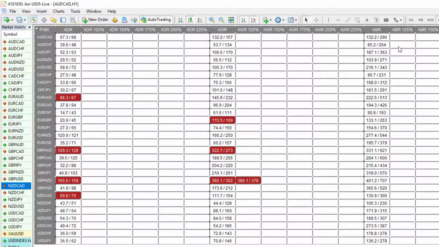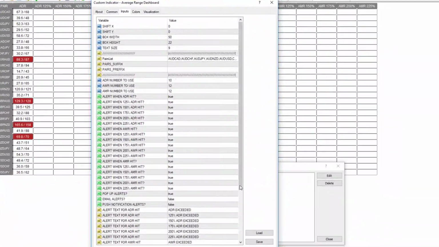So there's lots of advantages to using the dashboard. Obviously having just one chart open to monitor all pairs is the main advantage, but you also get the weekly ranges and the monthly ranges. And again, with the indicator settings here, you can alter the numbers you want to use, just to cover the weeklies and the monthlies.